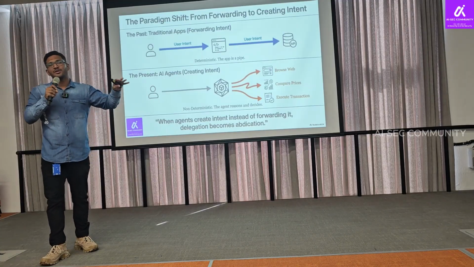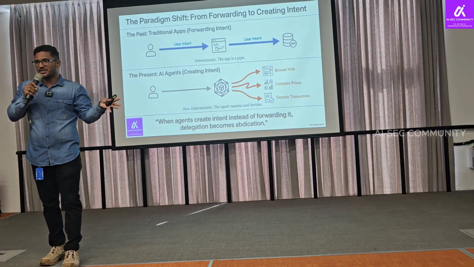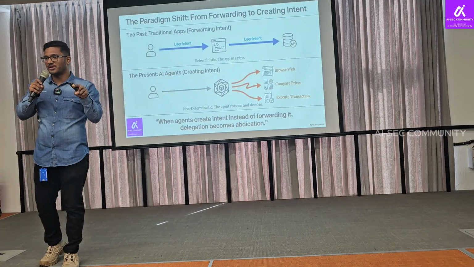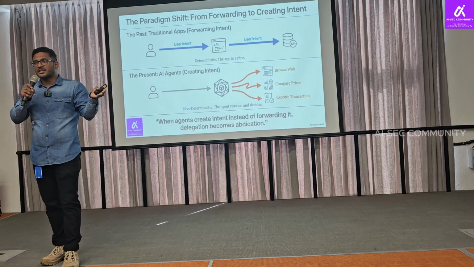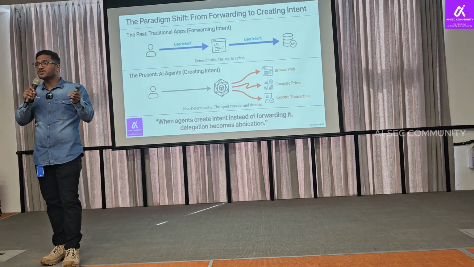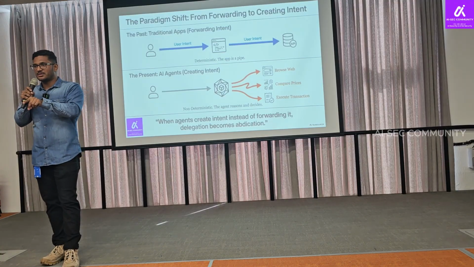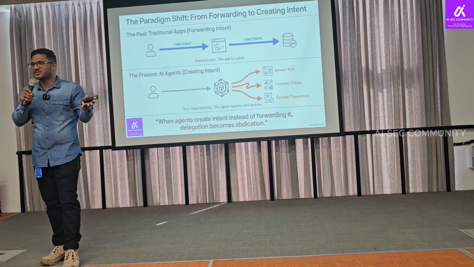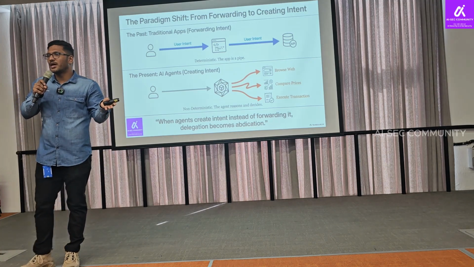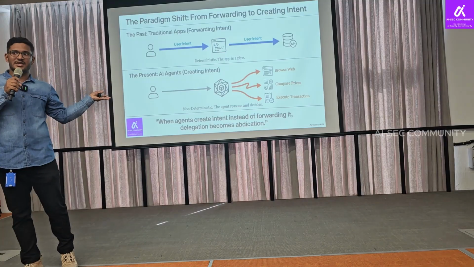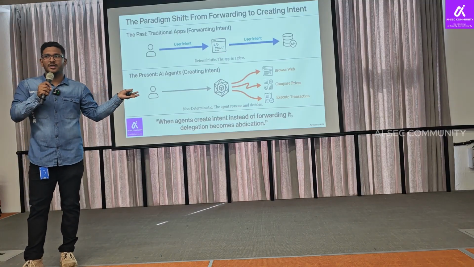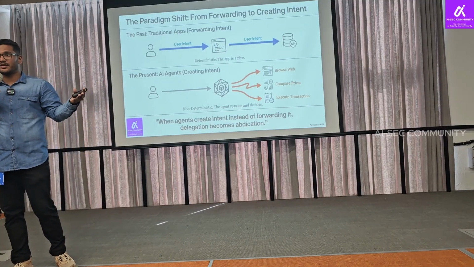So here you're not forwarding a request as such when you press a submit button, right? Where, let's say in a web application scenario, the user is clicking on a submit button, he is forwarding a request that is already coded, right? That is hard coded. You can't change that. However, in the present scenario where you're assigning a task to AI, you're forwarding an intent, right?